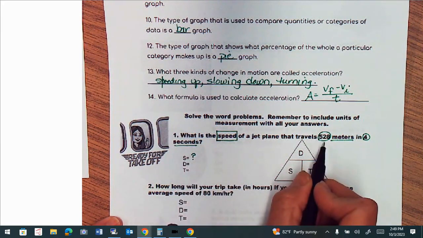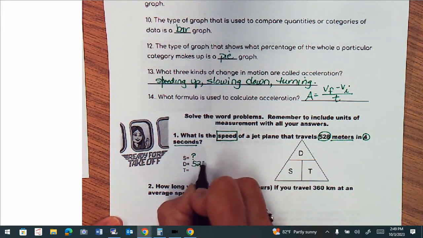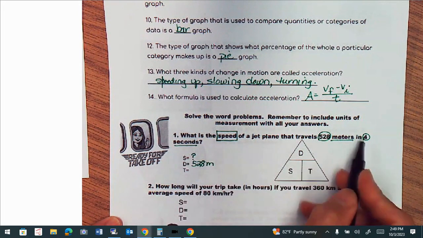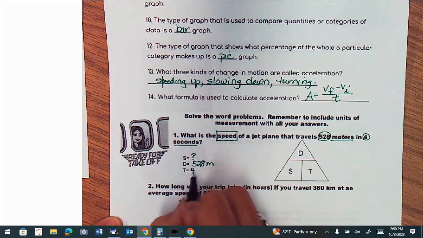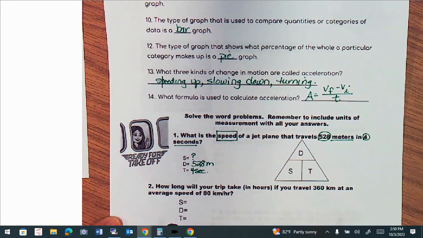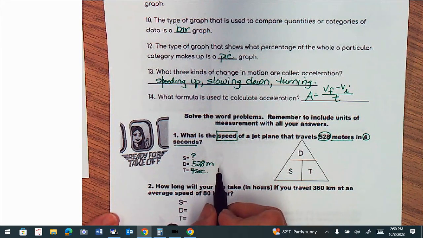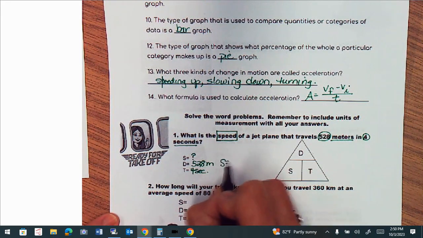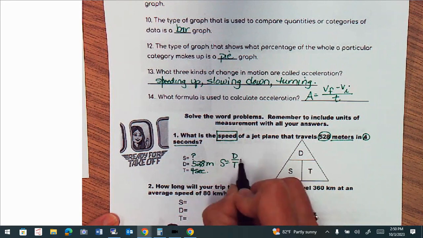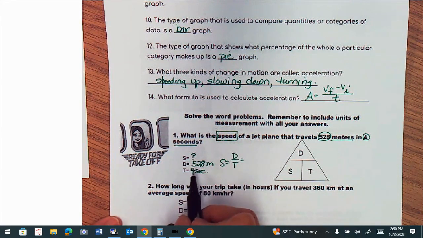We list all of our variables with units. So we've got the distance is 528 meters and the time is 4 seconds. Next thing we do is write our formula. Speed is distance divided by time. Now we substitute.